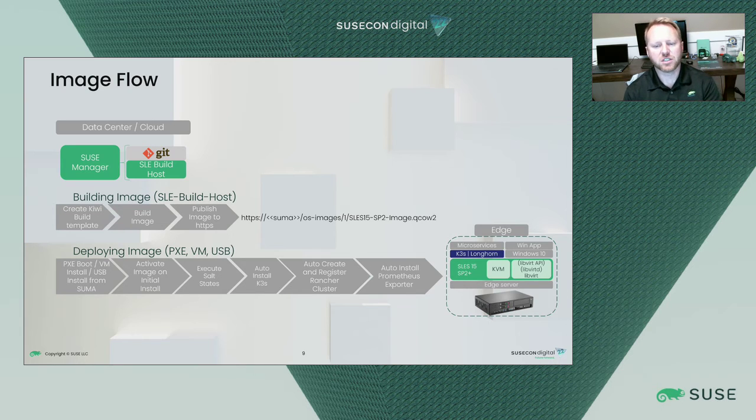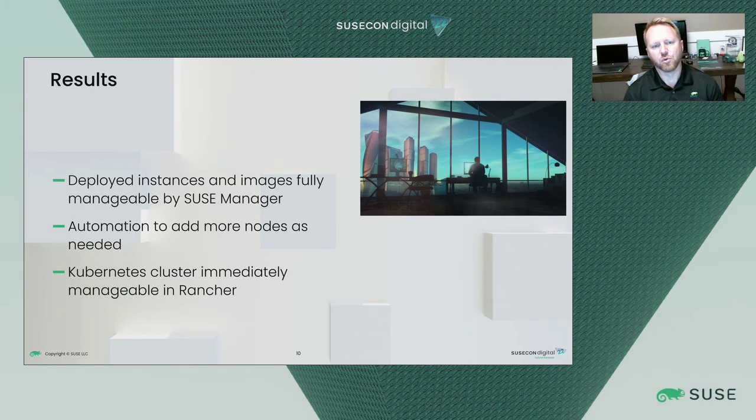Once all these steps are completed, you will then have, as a result, deployed instances and images fully manageable by SUSE Manager. You'll have automation to add more nodes as needed, and you'll have a Kubernetes cluster immediately managed by SUSE Rancher.